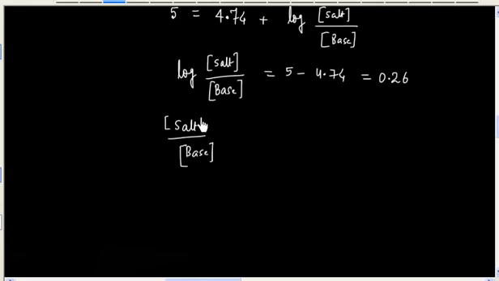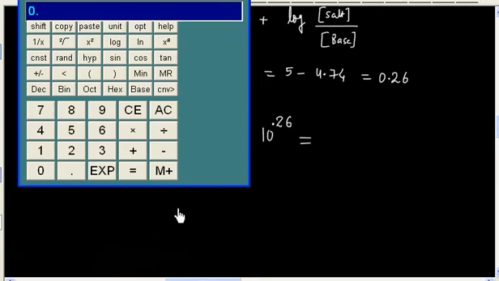So ratio of these two concentrations is equal to 10 raised to the power 0.26. So let us calculate this value. So this is 1.81.